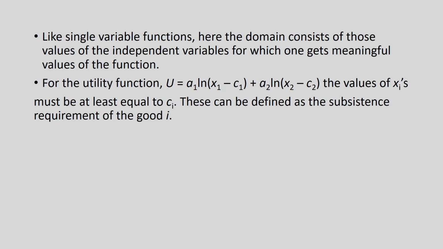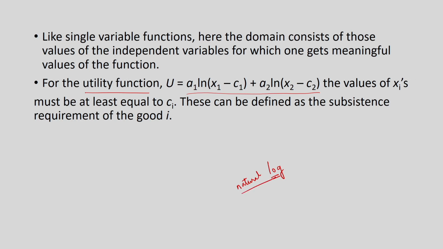Here is another example of what is known as the utility function. Here U is denoted on the left hand side, which represents the utility a person gets, and on the right hand side you have a particular expression, a1 ln. I have not discussed this log term before, which we shall deal with later on, but this is called natural log, ln.